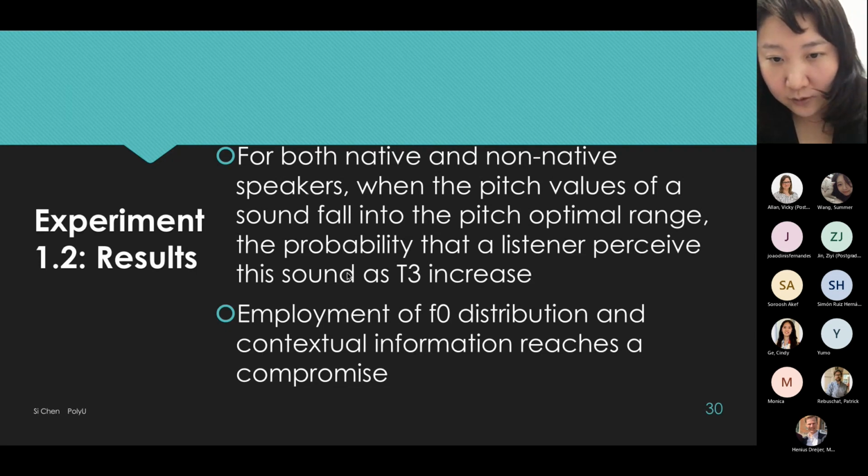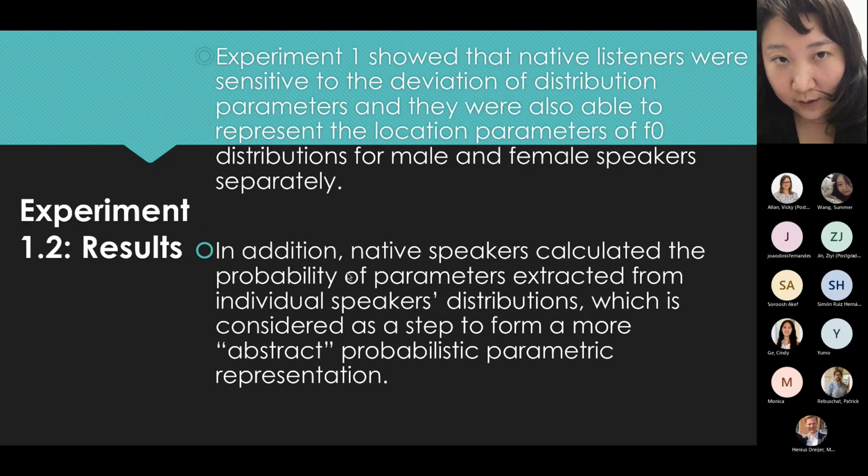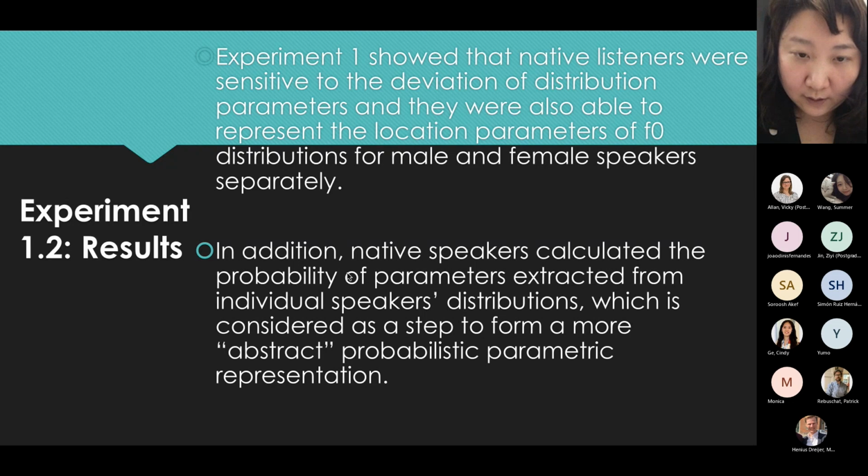So that means parametric representation is still working when you have contextual information. So we do have these two forces still competing with each other. It doesn't mean that if the contextual information is present, then we don't use parametric representations. It means that we would use both.